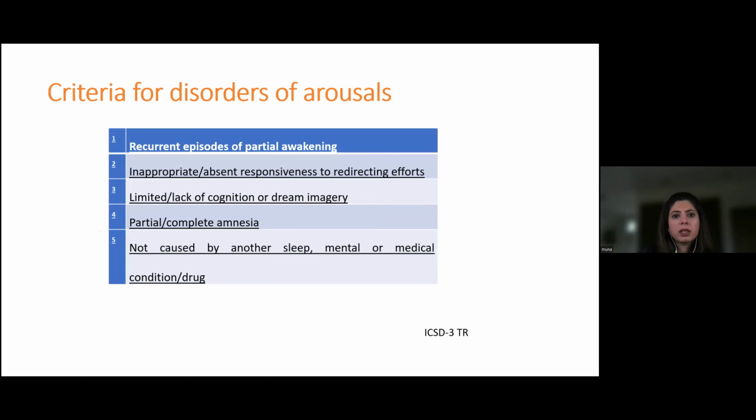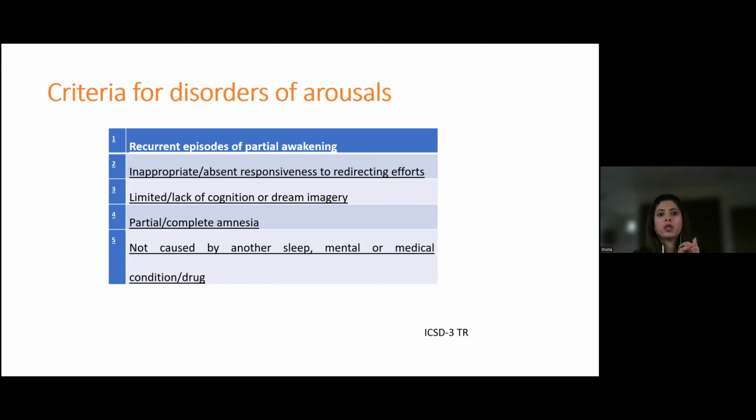This table includes the diagnostic criteria of disorders of arousal. When I call these disorders of arousal, they are basically the non-REM parasomnias, and this is the general criteria applicable to all of these four or five. Even though it looks like a list you have to commit to memory, basically this was included in the definition itself.